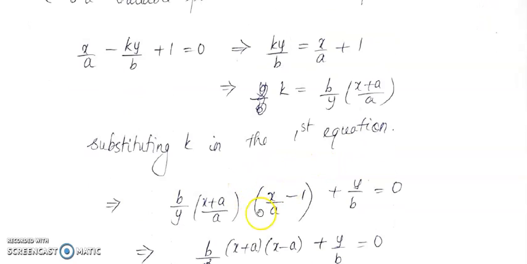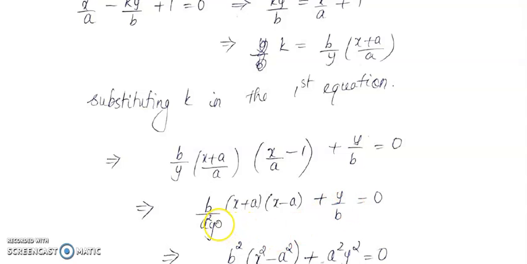So when we substitute k, you will get, so this is the value of k. So k into x by a minus 1 plus y by b is equal to 0. So this will be x plus a by a. This is x minus a by a. So x square minus a square by a square will come.